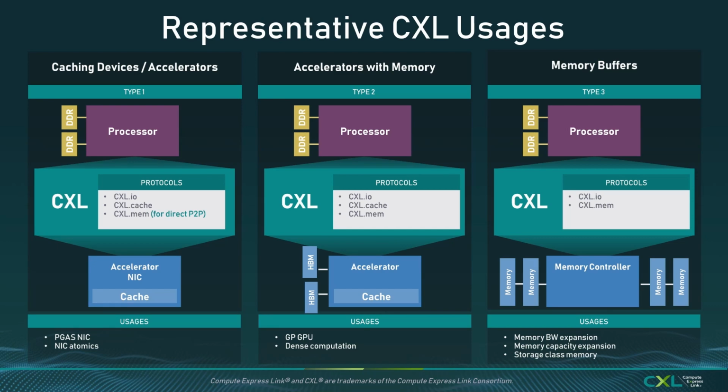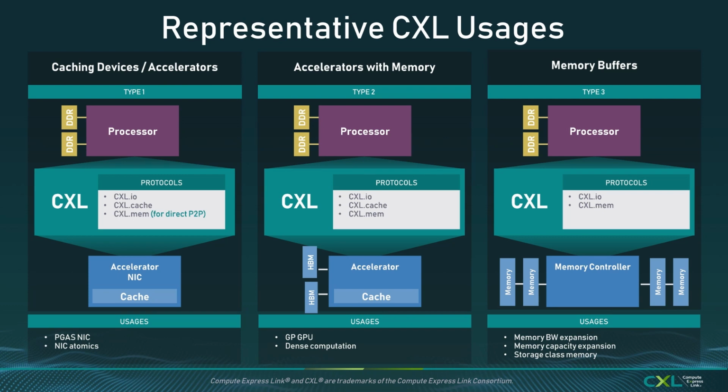In addition to that, you can also think about storage class memory that could be supported. The way to think about these memory buffers is they provide you with access to a .mem controller, and they abstract out the media that you can connect behind that memory controller. So it's enabling a lot of interesting use cases for making use of different types of memory, either it is DDR4, DDR5, or storage class memory behind the memory controller, and provides the opportunity for the memory controller ecosystem to innovate with CXL Type 3.